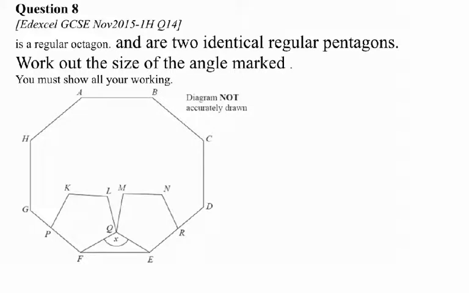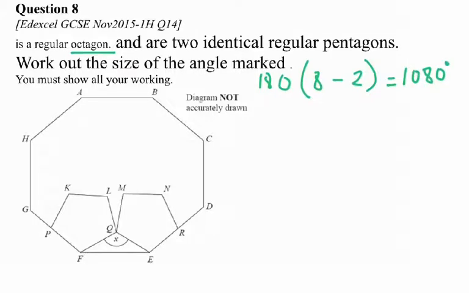Okay, so first things first, I've got an octagon. So let's find out what angles in an octagon add up to. So I'm going to do 180 times 8 minus 2. So I'm going to do 6 times 180, which should give me an answer of 1080 degrees.